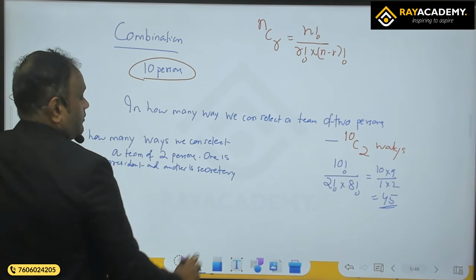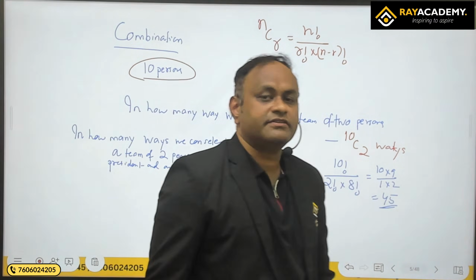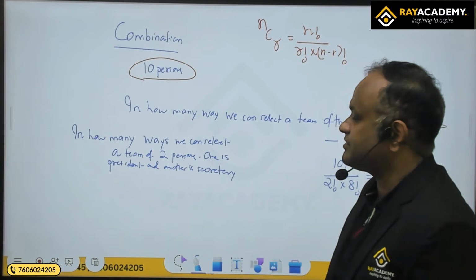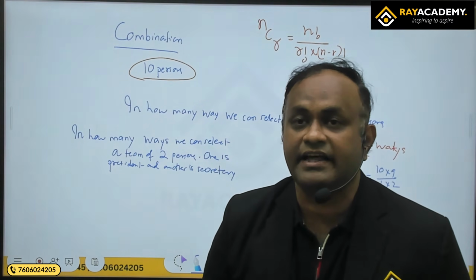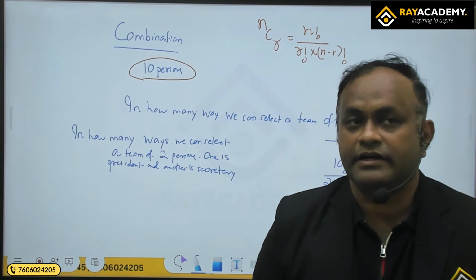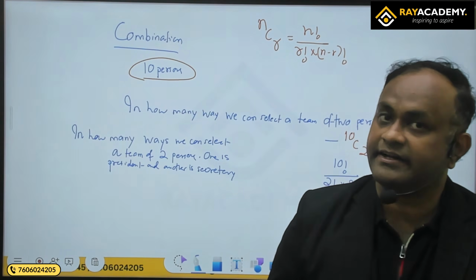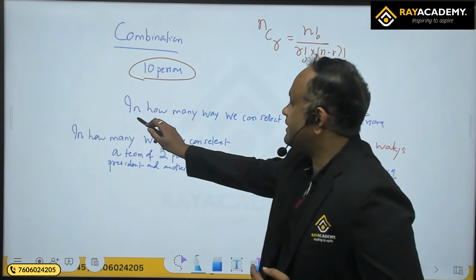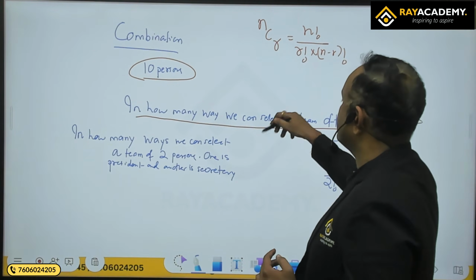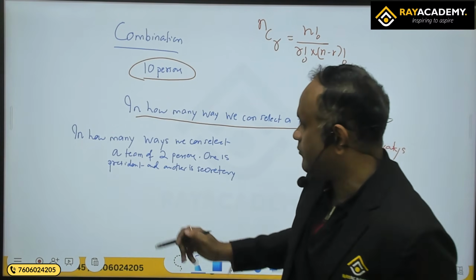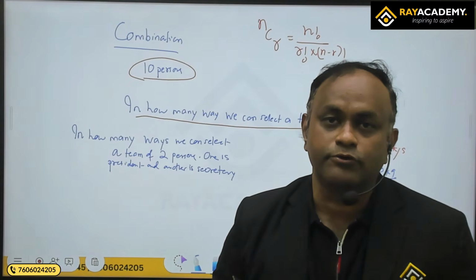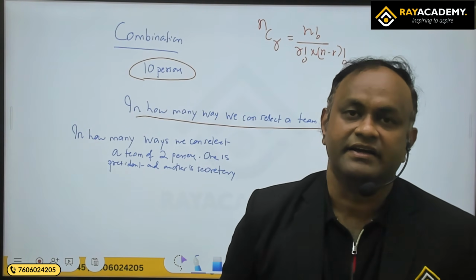So what was the previous question? Just selecting 2 persons as a team from 10 persons. In the second question, we have to choose a president and a secretary from these 10 persons. The first one is simply the selection, choosing something. But in the second one, these 2 persons we will choose, then you have to decide who will be the president and who will be the secretary.